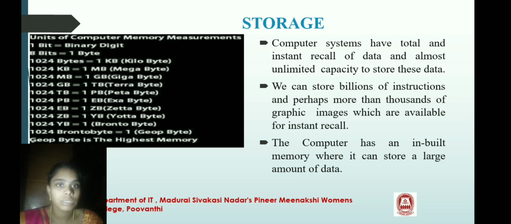Once the data is stored, it remains until the user deletes it, or it is sometimes corrupted. Until then the data will never be removed from the computer system. Storage is a powerful recall for future use.